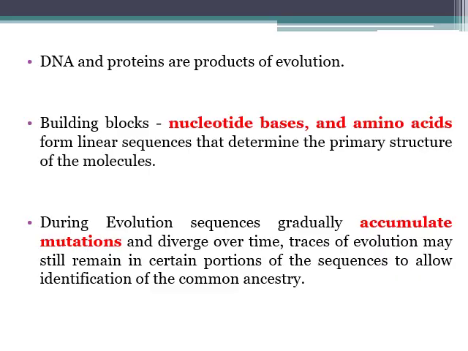But the traces of this evolution, the traces of these similarities among the sequences, may still remain in certain portions of the sequence to allow identification of the common ancestry. The portions where these traces of evolution remain are called conserved regions. The conserved regions are usually functionally critical. It means it is a site which is involved in the functioning of that molecule.